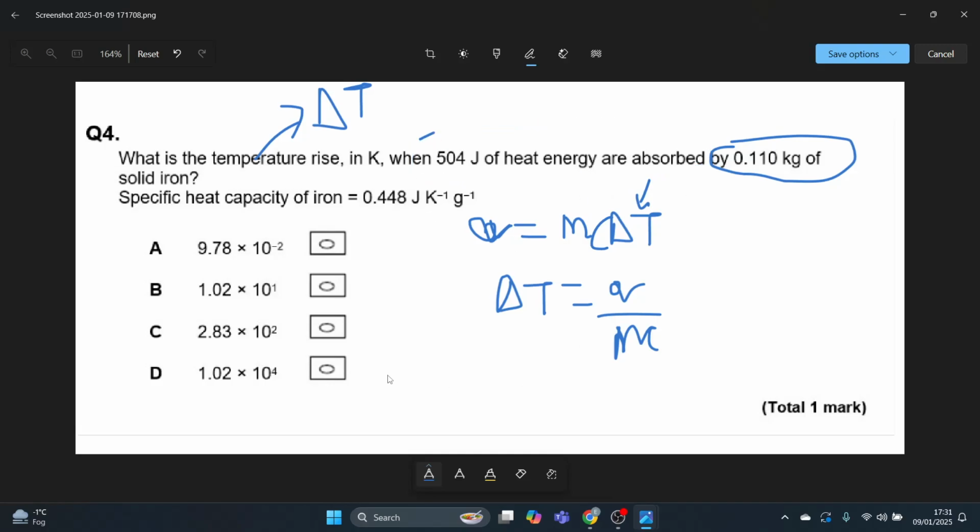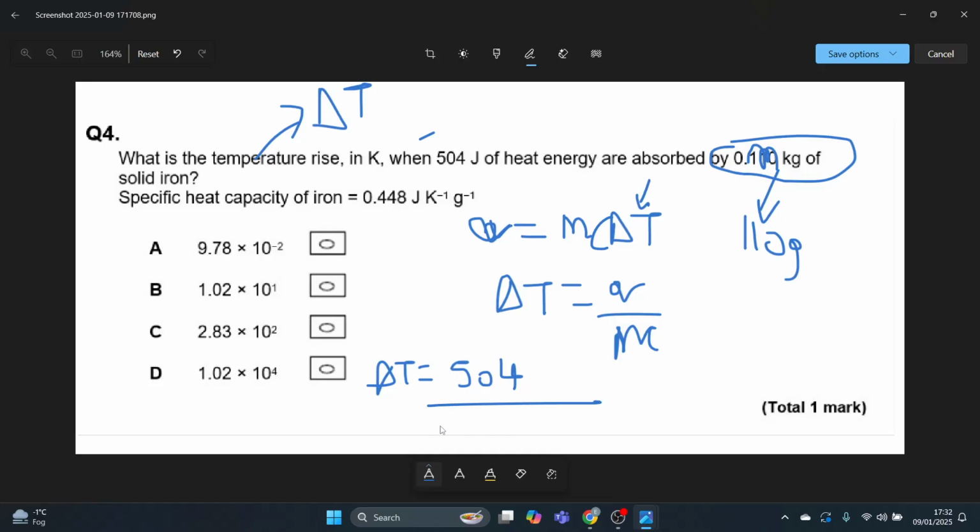So all I have to do now is delta T, temperature rise, equals 504 joules divided by the mass in grams, times 1000, 110 grams.